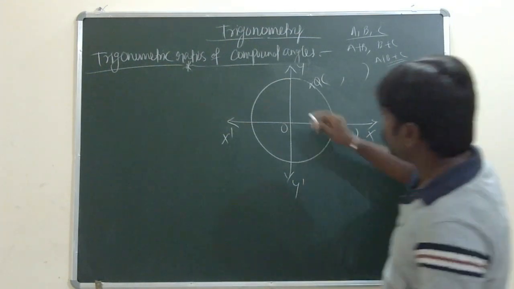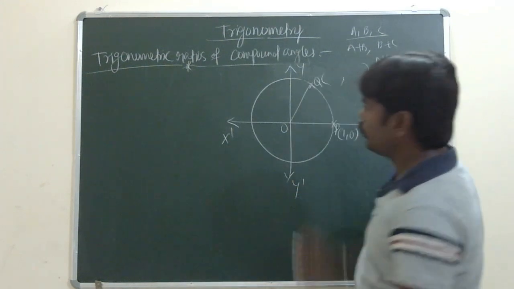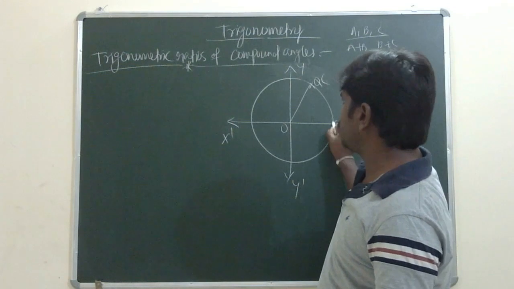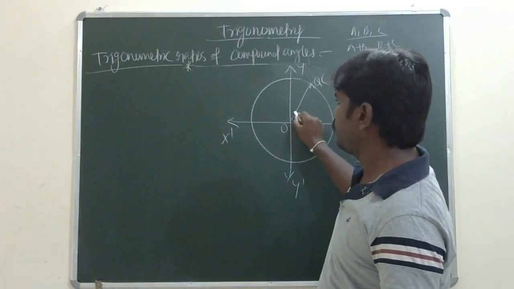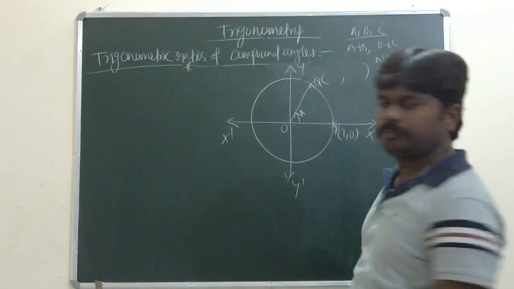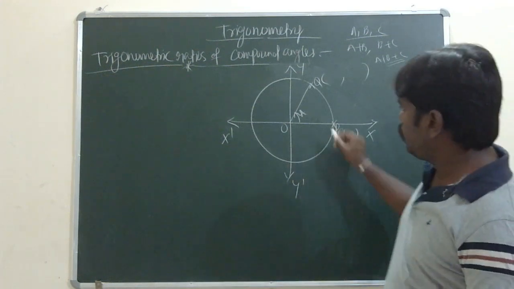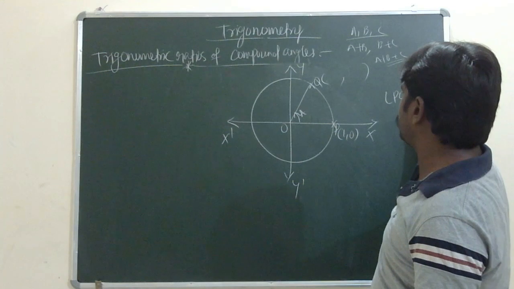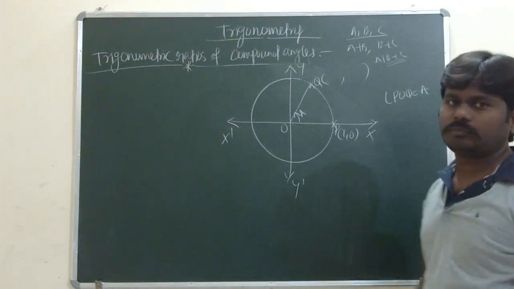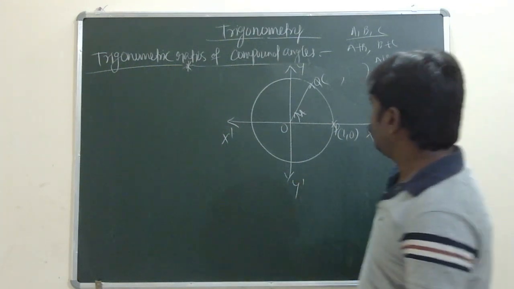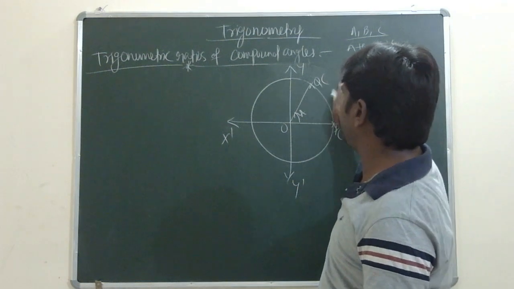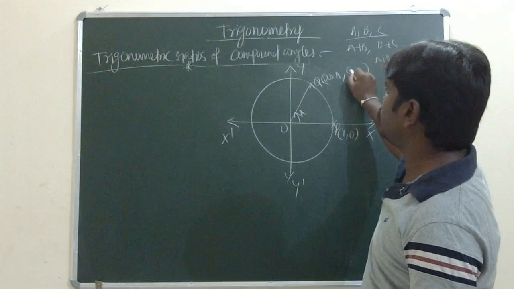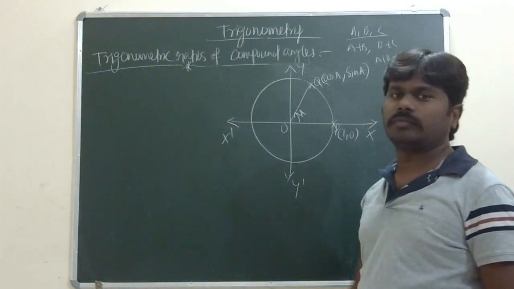First I am joining OQ, and the angle subtended at the center of the circle by the arc PQ I am identifying as capital A. So angle POQ is equal to A. Now the first coordinate is cos A and the second coordinate is sin A.